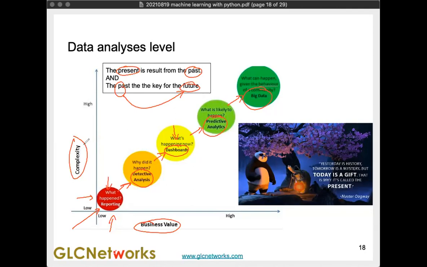Because we believe, and the data also shows, that there is a pattern in the data, in events. So with past data, we expect to have the ability to find the pattern. If we find the pattern, we can make the model, and then we can predict what happens in the future.